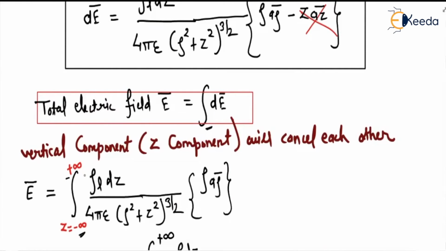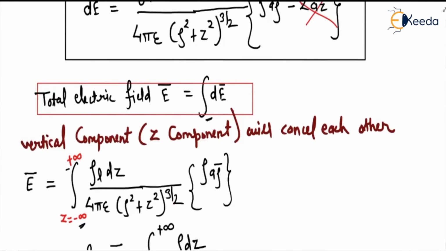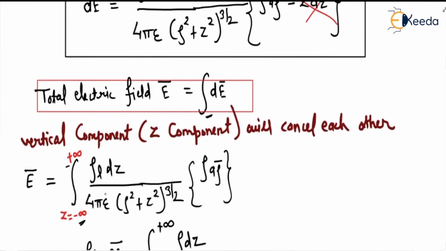So the total electric field is the integration of rho L dz upon 4 pi epsilon rho square plus z square to the power of 3 by 2, only a rho, as the z component will cancel. And what is the limit of z? The z limit will vary from minus infinity to plus infinity.